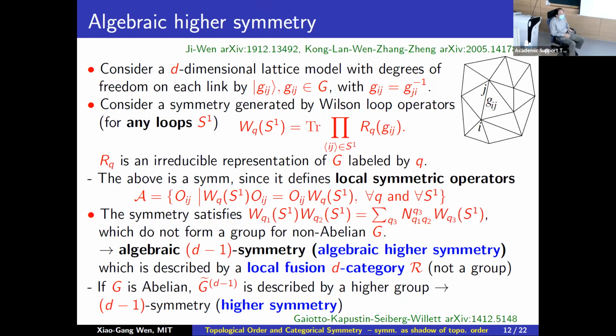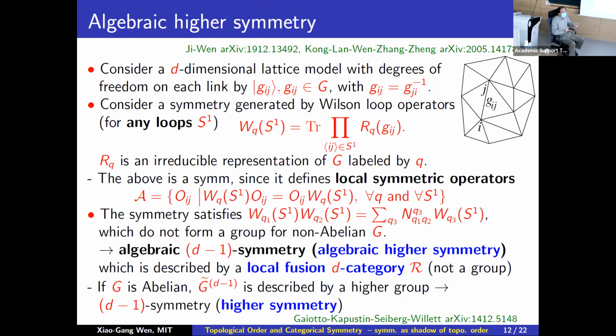So here G is taken to satisfy the cocycle condition, right? No, there's no cocycle here. G is just a group. Gij is just a group element living on the link.